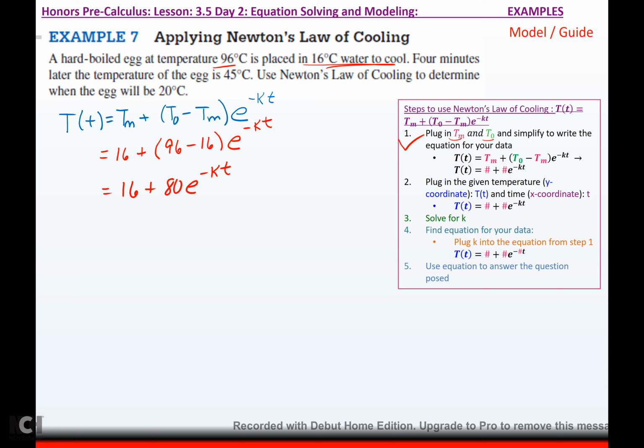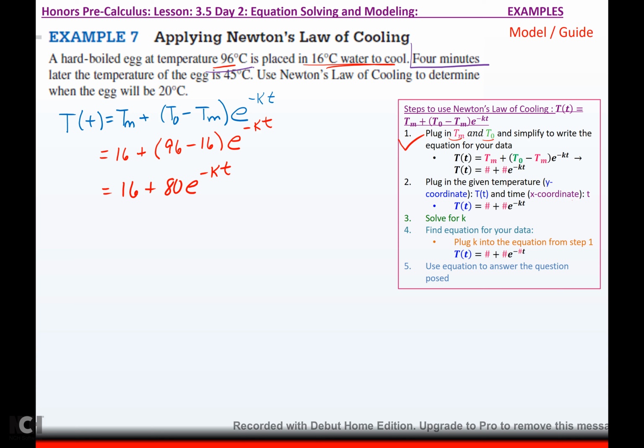Step 1 is done. Then it says plug in the given temperature for the y-coordinate and time, that will be the x-coordinate, and you plug them in here and we're going to solve it for k. So to figure out k, I've got to use this other piece of data.